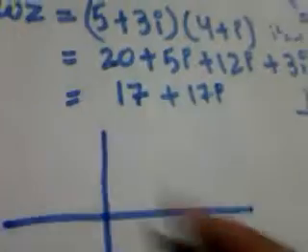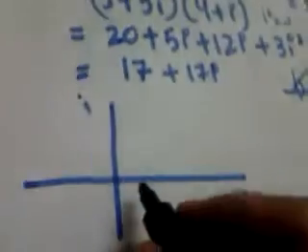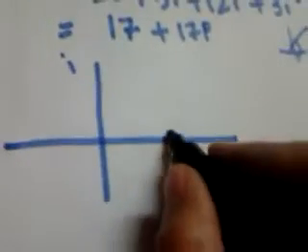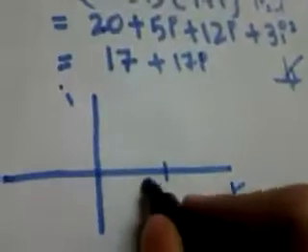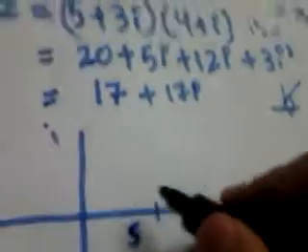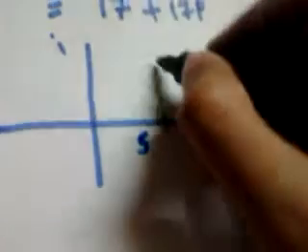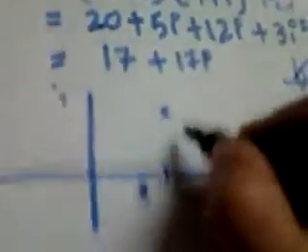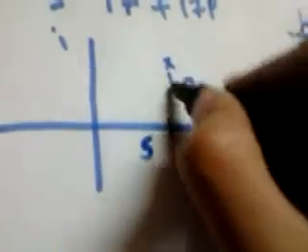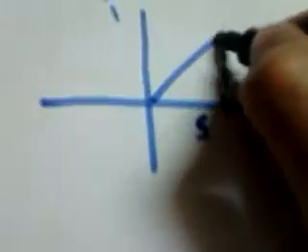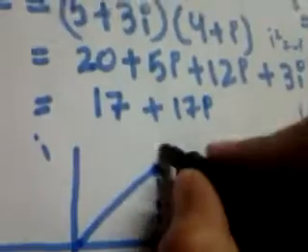First of all, draw a graph. This is a rough sketch. So x-axis, this is the real part, and the imaginary part. Let's plot w, 5 plus 3i: 5 units across along the real axis and 3 units along the vertical axis. So this is 3, and this is the complex number w.